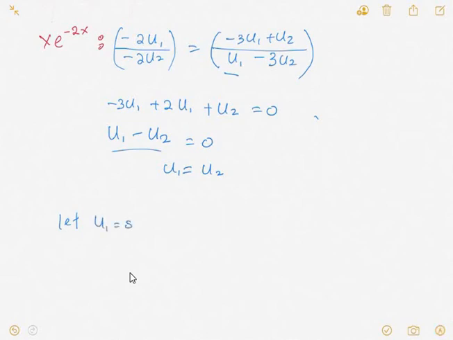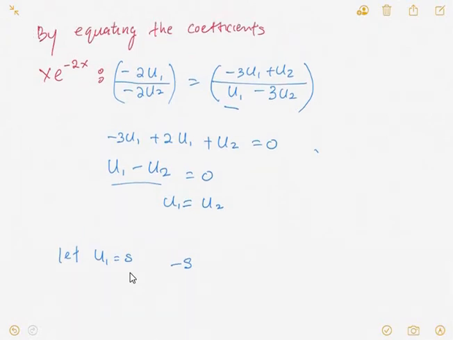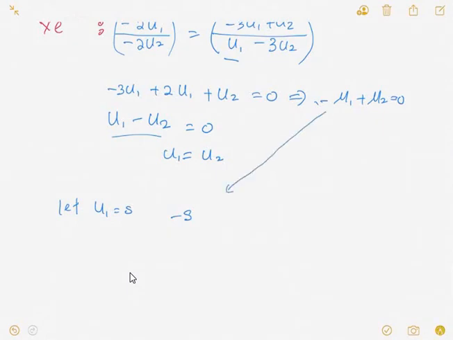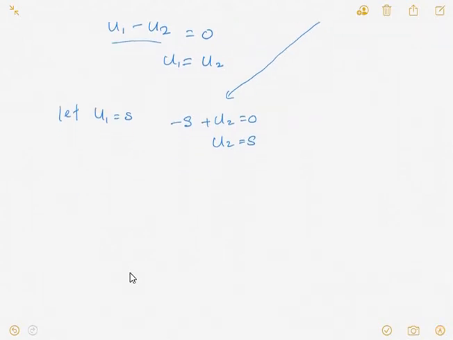So you substitute the value. What do you get? Negative u1 plus u2 equal to 0. So you get negative s plus u2 equal to 0, so u2 equal to s. So you can get u1 and u2. Now your u1, u2 is s and s.